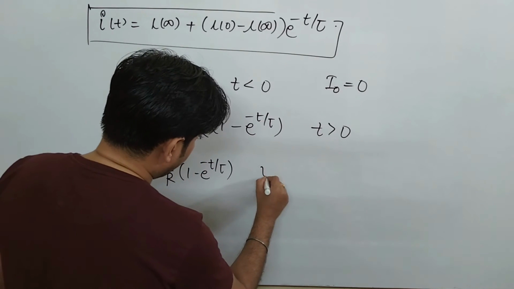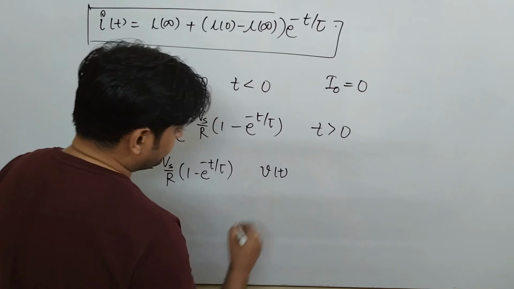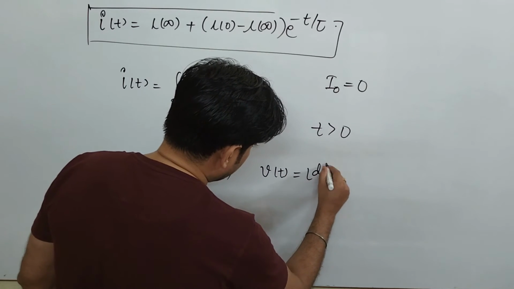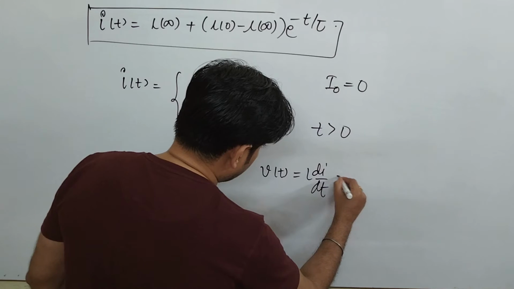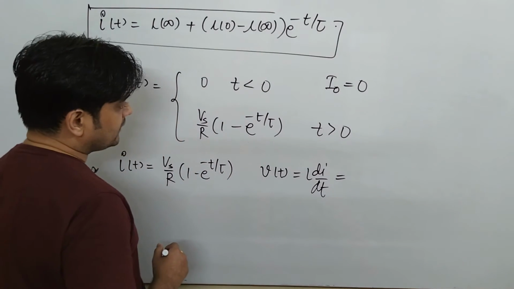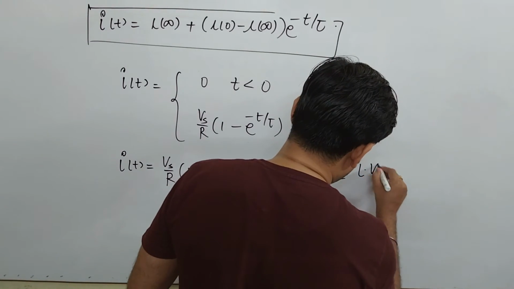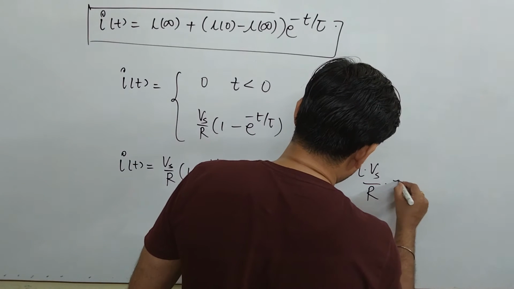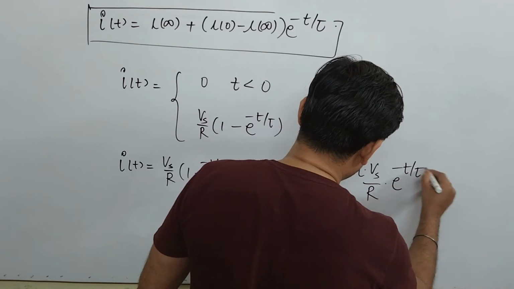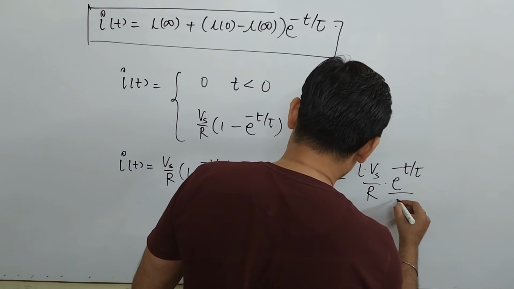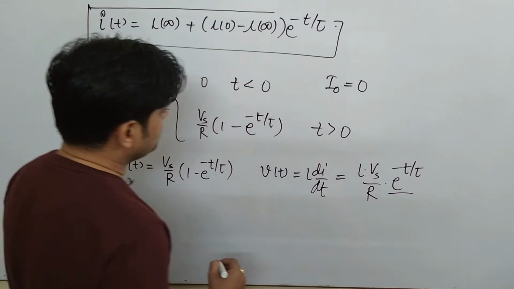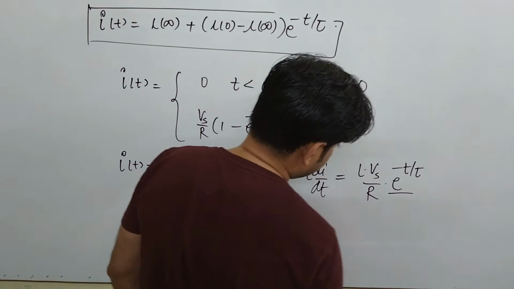So what is V(t)? That is L di by dt. Or if you solve this, again it comes to be what? It is L Vs by R into e to the power minus t by tau into 1 by tau. And what is your tau?